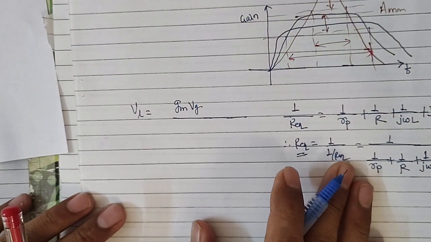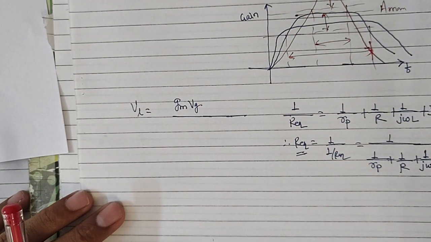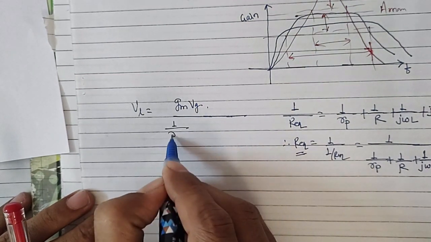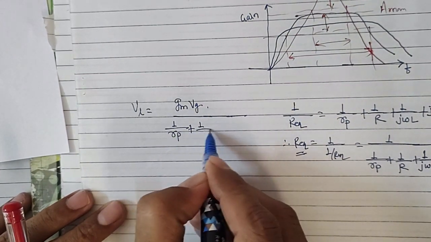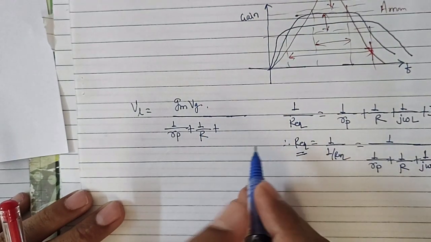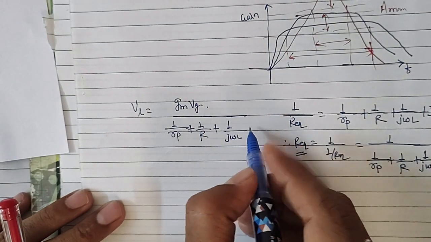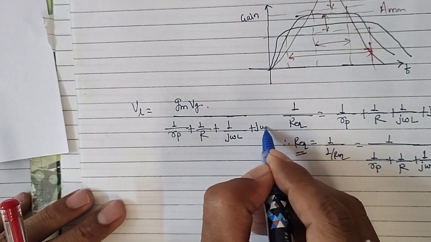So it is GM VG. R equivalent is 1 over 1 over RP plus 1 over R plus 1 over j omega L plus j omega C.